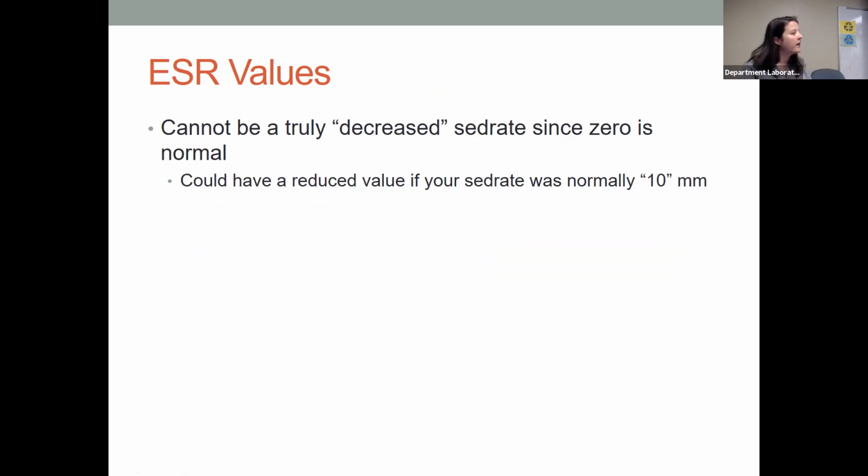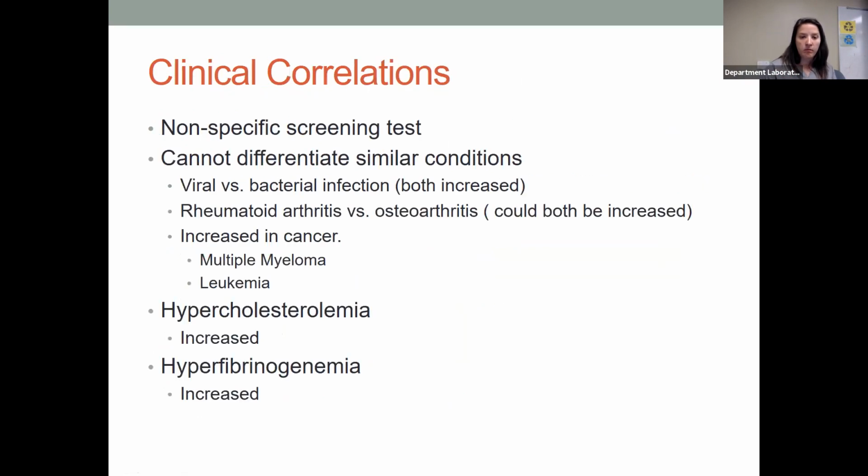Right, and I mentioned this too, you can't really have a truly decreased ESR value because your normal range is 0. So we really only look for increased ESRs. Another reason why it's not diagnostic is you can't differentiate certain conditions. Let's say bacterial and viral infections, both could have an increased ESR.